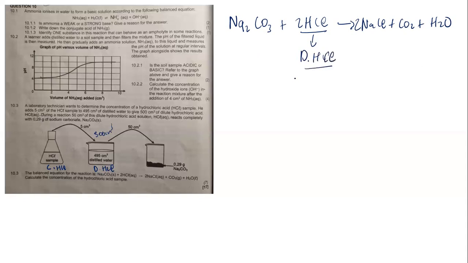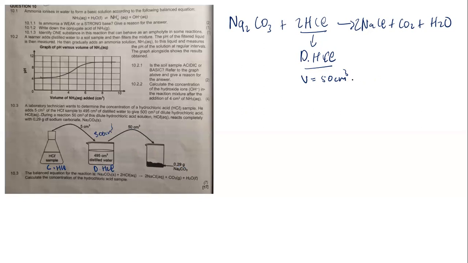Do not forget that. Now, what volume of diluted hydrochloric acid did we use? We used 50 cubic centimeters. Remember that, right? We weighed this volume of 50 cubic centimeters into this substance, which is called sodium carbonate.